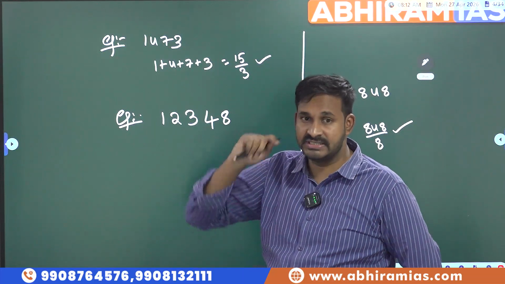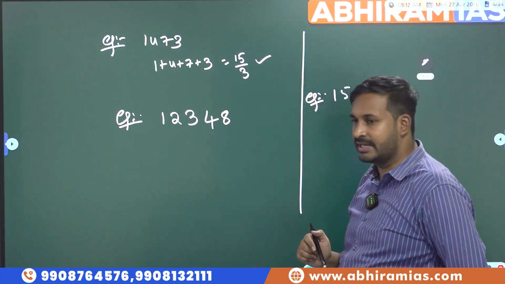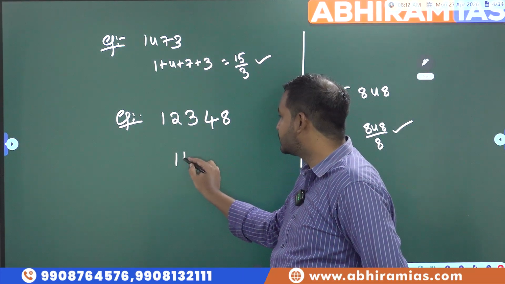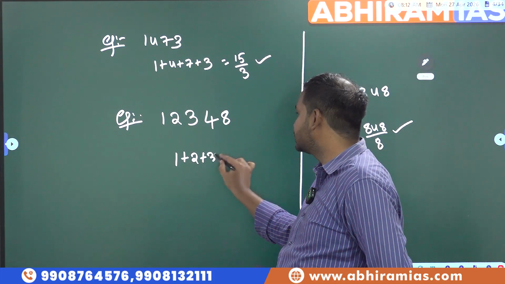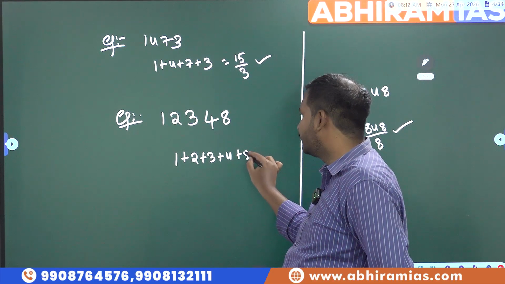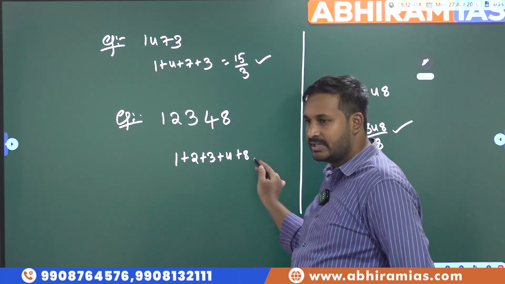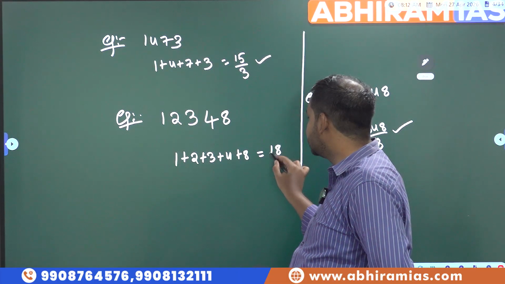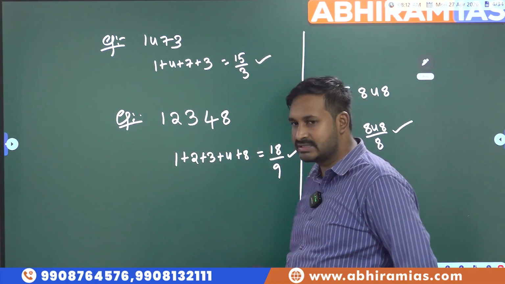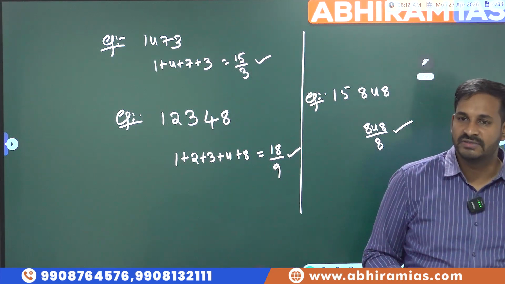Please see this number. Whether it is divisible by 9 or not: 1 plus 2 plus 3 plus 4 plus 8. 1 plus 2, 3. 3 plus 3, 6. 6 plus 4, 10. 10 plus 8, 18. Is 18 divisible by 9? Yes. Then the given number is also divisible by 9.